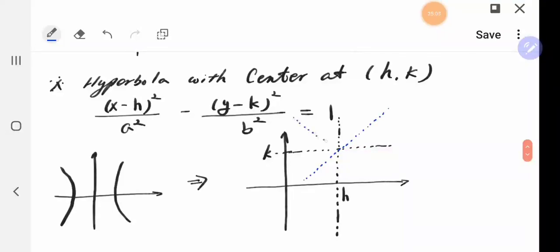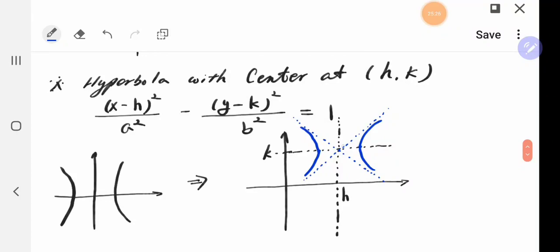It is better to draw the asymptote first. The asymptote is a over b. So the graph looks like this, and then like this. Let's say this is the vertex, so it's going to be like this and like this.